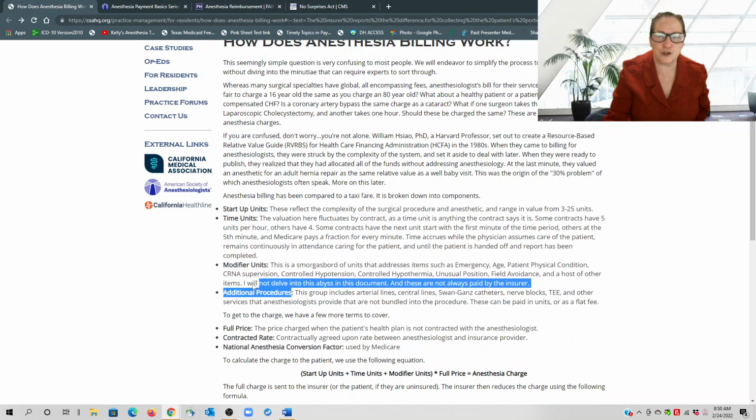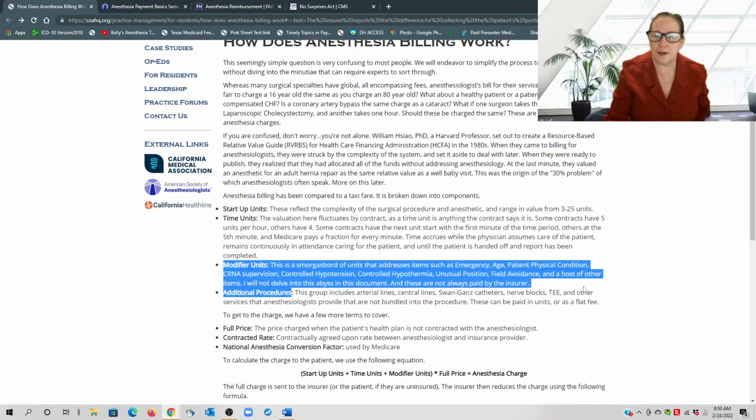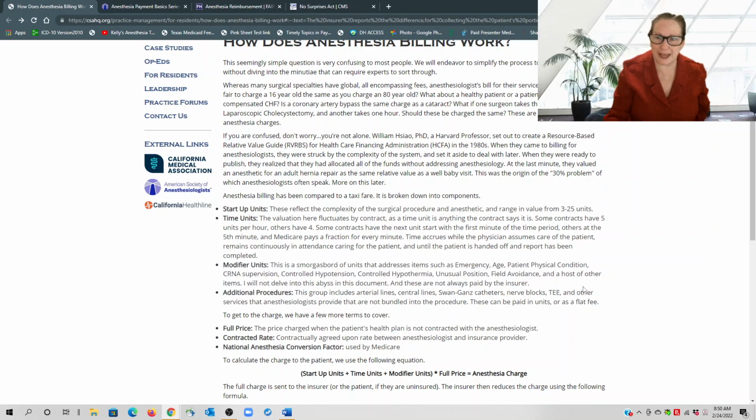That's just additional areas where anesthesia may be paid additional amounts, not by Medicare, but by other insurance companies, depending on the patient's age, whether they're very sick or a healthy patient, whether they had to do additional services to help during the anesthesia service, and you will see these broken down by different amounts.